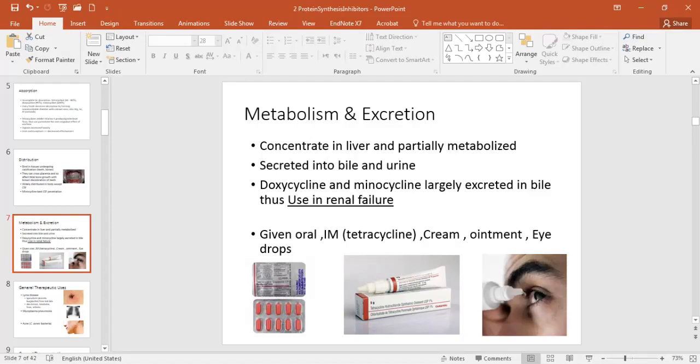So if you have a patient with renal failure and you should choose a drug that can be metabolized in the liver, doxycycline is a good choice. Given orally or IM. There are many topical preparations in the form of cream, ointment, and eye drops.